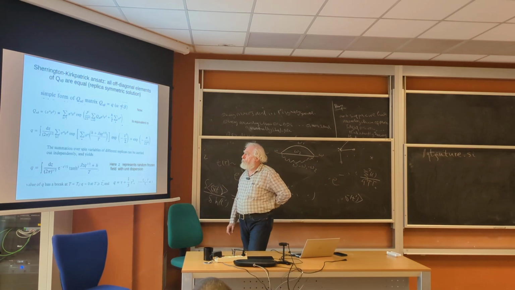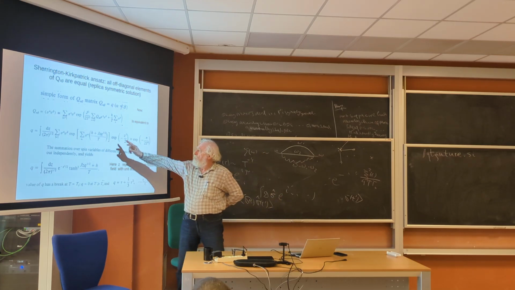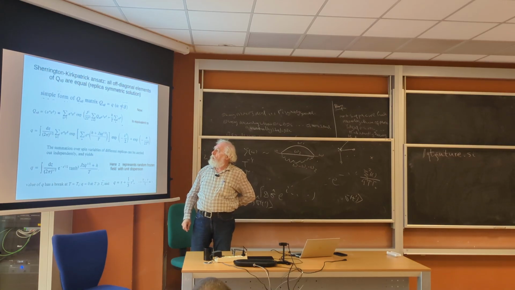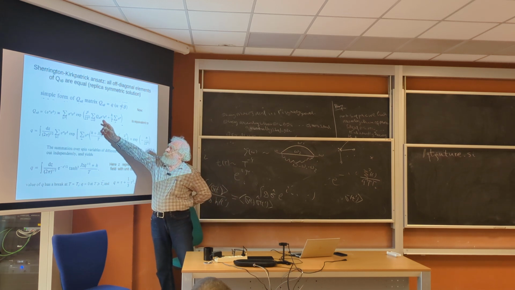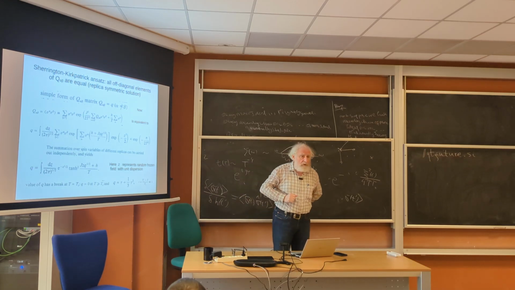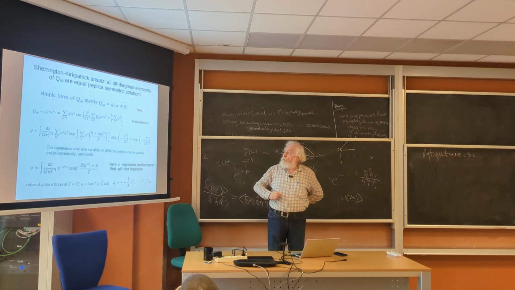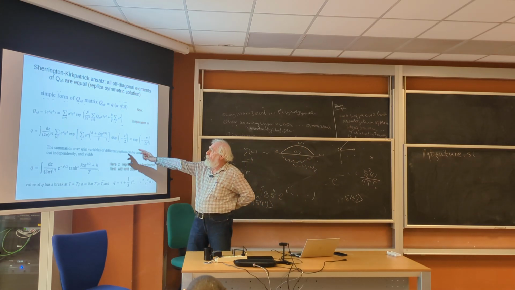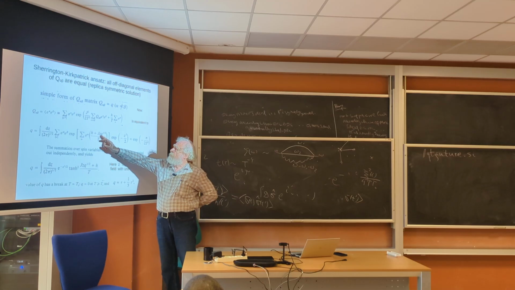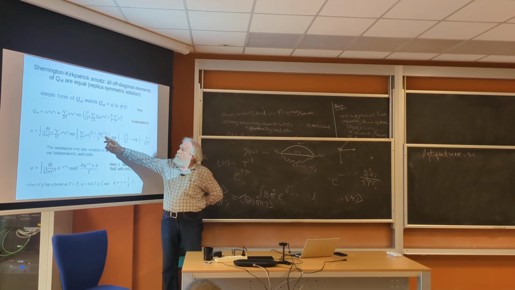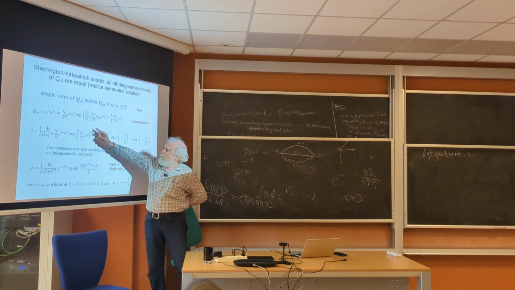This integration is not written here explicitly, but here it is, z. So instead of considering this coupling sigma alpha sigma beta, you introduce another field which is coupled to sigma linearly. And what you need to keep to be correct is the variance of this field. So here you see q to the 1/2, z, and the Gaussian weight. If you integrate over z, you will get just such coupling terms.